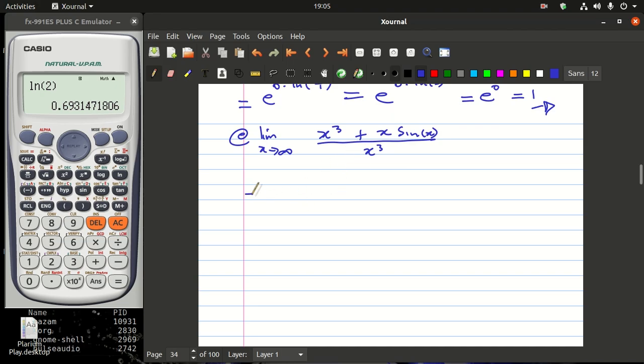So looking into this limit, this one is very straightforward, because we are looking for the leading term in the denominator so that we can compare with the numerator. Now what we are going to do here is that in the numerator I have only one term, which is x cube.